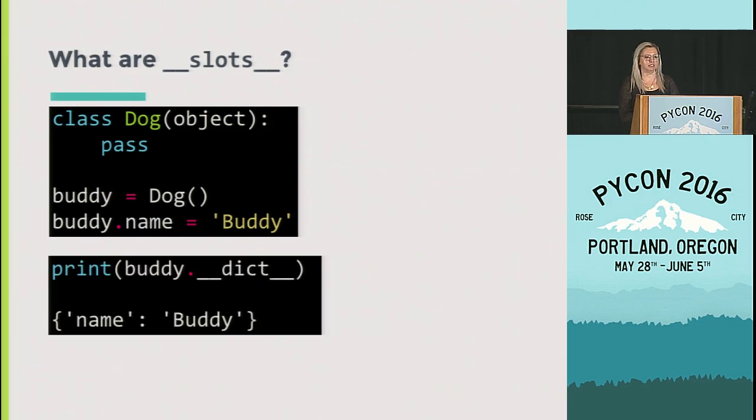So if I print the dunder dict of my dog class here, we'll see that it has a key name and a value buddy. Slots turn the internals of an object from a dictionary to a tuple. What's important about tuples? Tuples are immutable, meaning that they can't be changed.